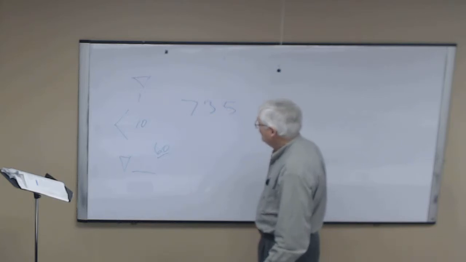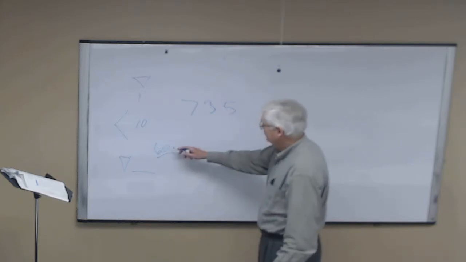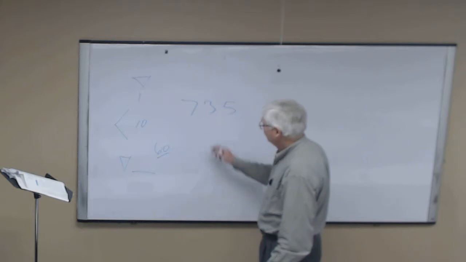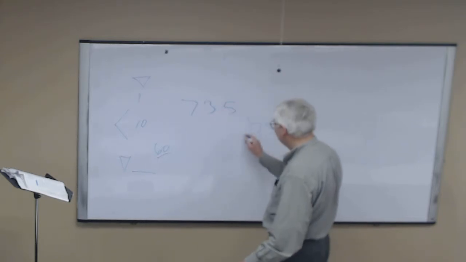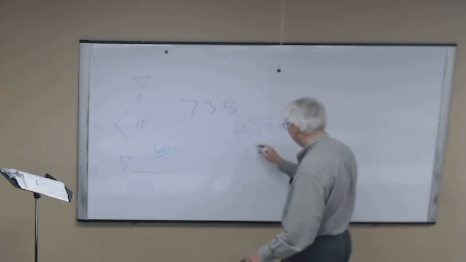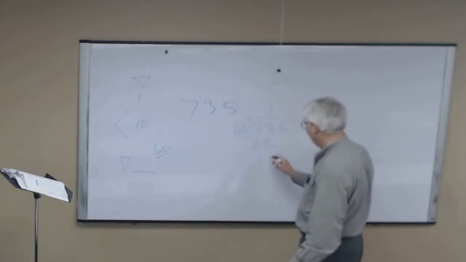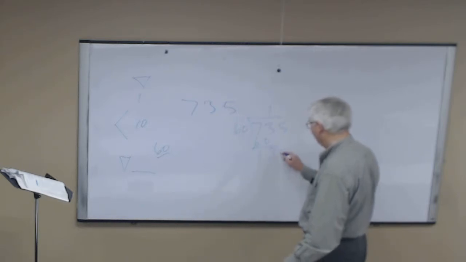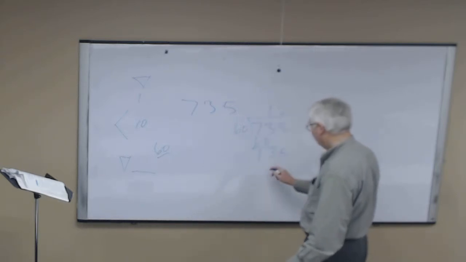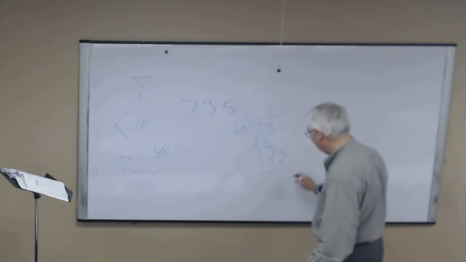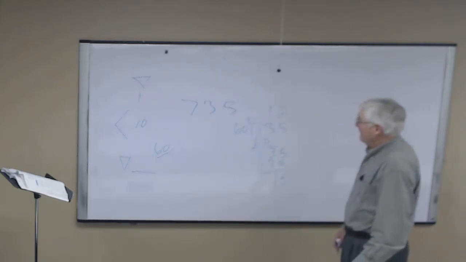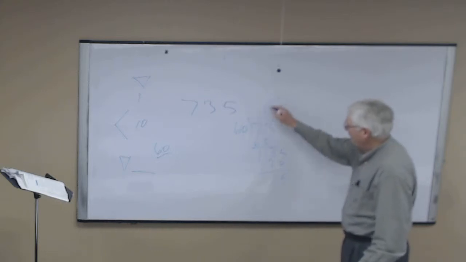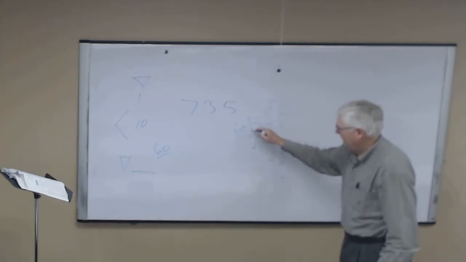So, how many 60s in 735? Divide 735 by 60. Two 60s is 120. So there's 15 left. So I want 12 60s. Everybody follow that?